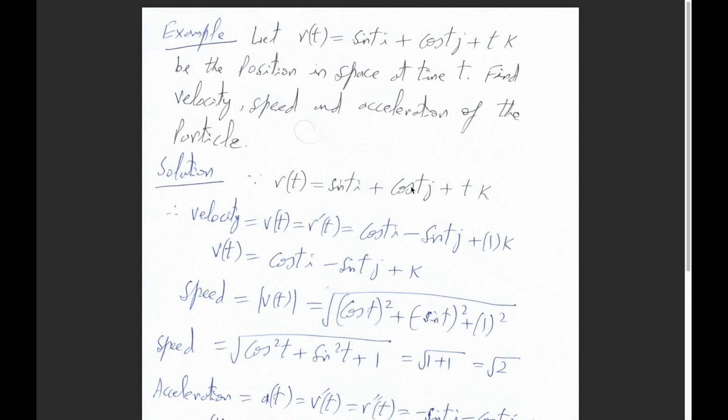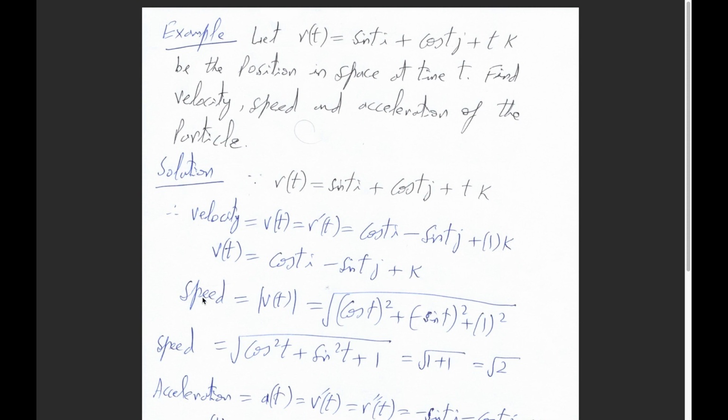The derivative of cosine t is minus sine t, and the derivative of t is 1. We take the individual derivative of all these functions. If I simplify, this will be cosine t i minus sine t j plus k, because 1 multiplied by k is only k.